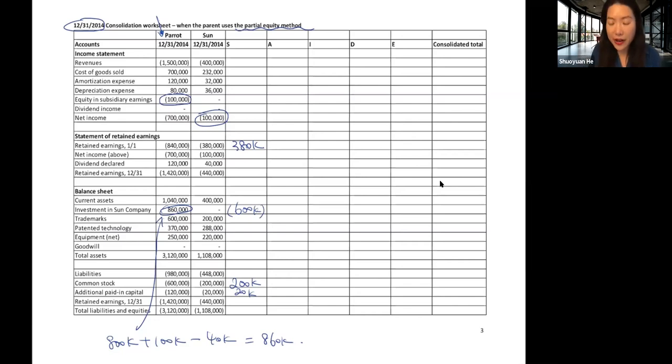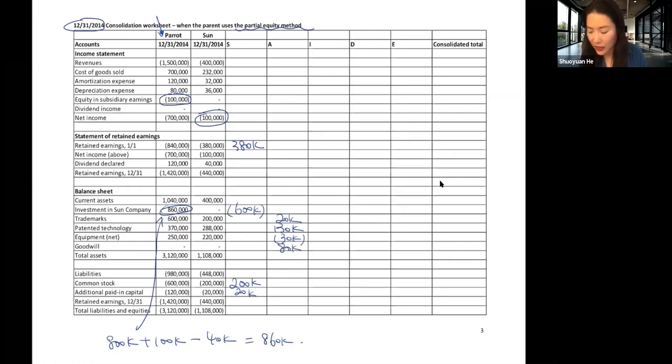For consolidation entry A, we mark up the subsidiary's book value to fair value and recognize any goodwill. Specifically, for trademark we have a 20,000 difference, patented technology 130,000 difference, equipment account negative 30,000, and goodwill we have 80,000.